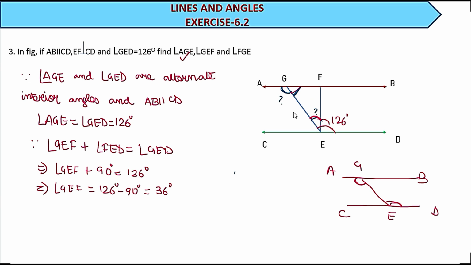Another way is that since AB is parallel to CD and EF is perpendicular to CD, therefore EF is also perpendicular to AB, because the distance between two parallel lines is the same across all length.